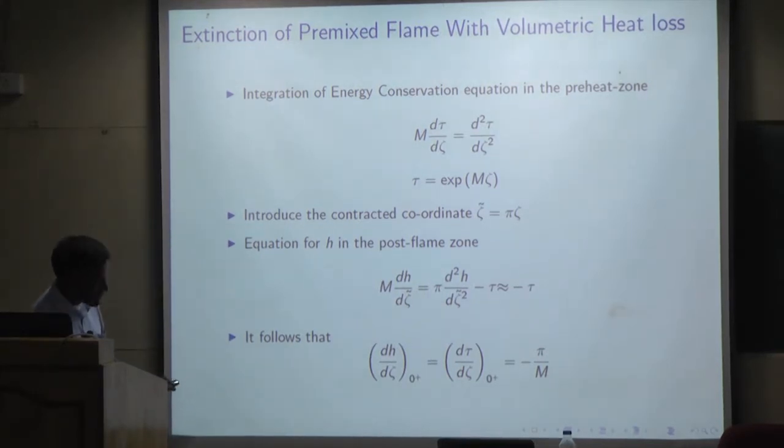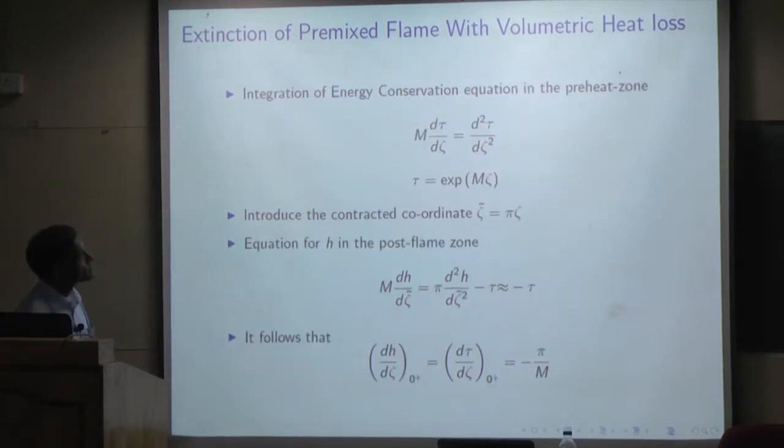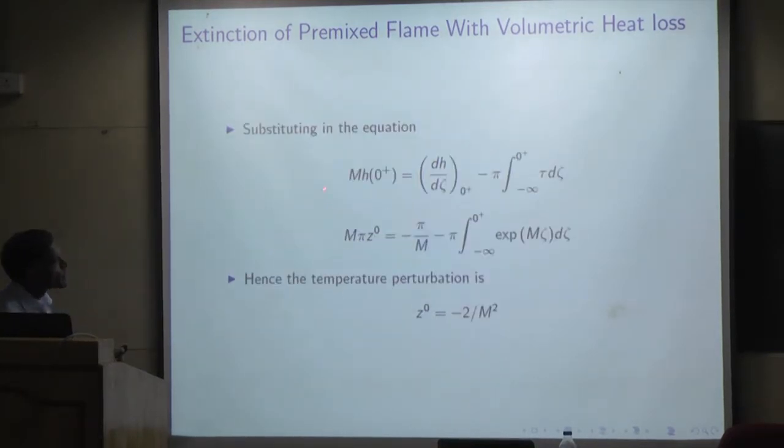So now I have evaluated that, and I have evaluated this. Now we just have to evaluate this quantity, and that can be easily done because we know that tau is given by this expression. So I wrote the full equation again, and now for tau, I substitute the exponential term.